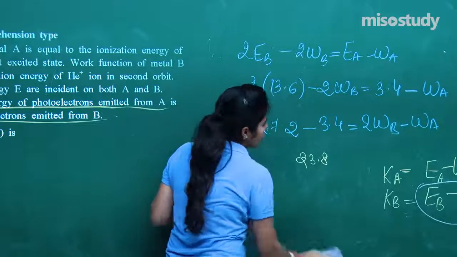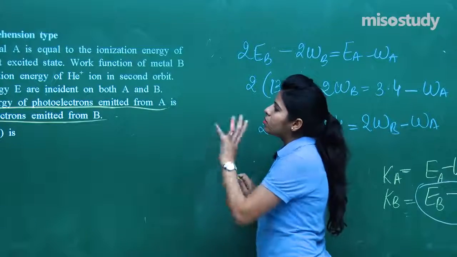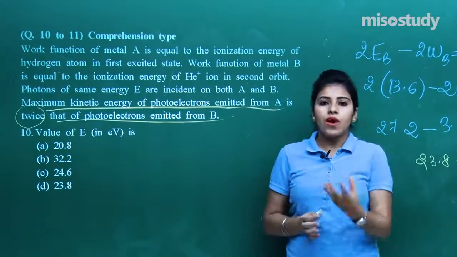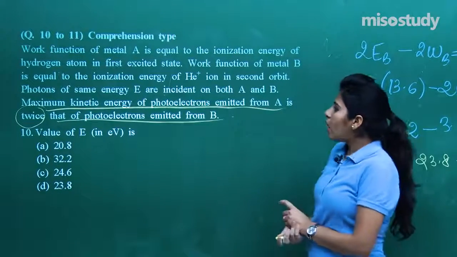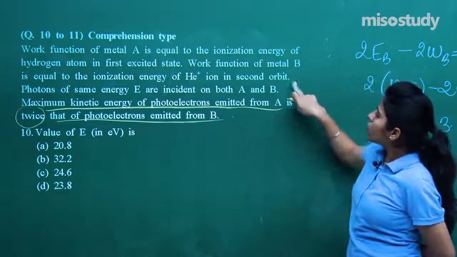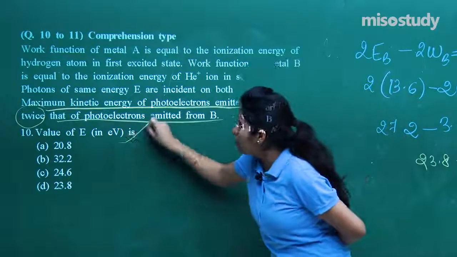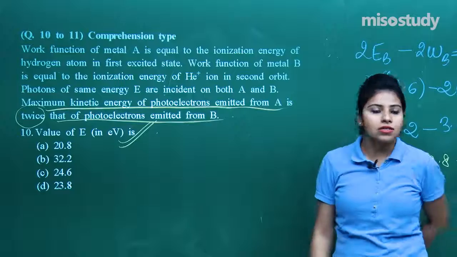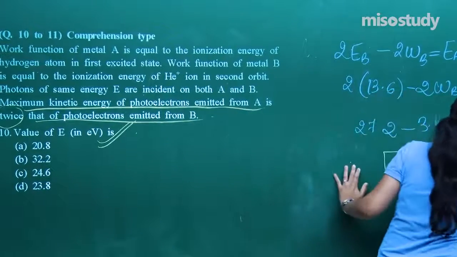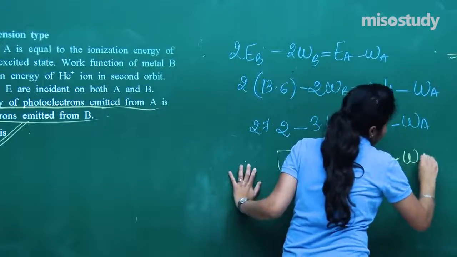And the twist in the question is that because you are having two different metals, definitely your work functions will be different. Now you have to find it out from the work function of metal B to the A. So value of E that we have found in the question is 23.8 and this is nothing but 2WB minus WA.